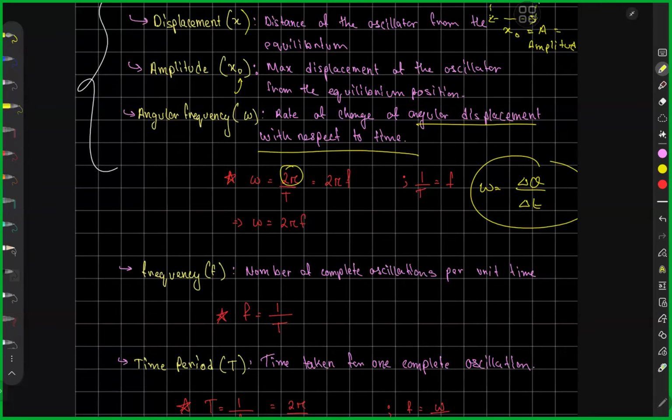Is it like the rate of change of angular displacement? Yes, I can define it as that. You can define it as the rate of change of angular displacement with respect to time. Sorry, what's the question? How do you define angular frequency? Why do we have to write with respect to time?